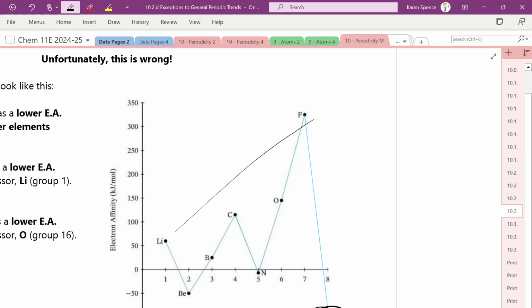Once again, what would be a good tool to figure these out? Orbital diagrams, thank you.